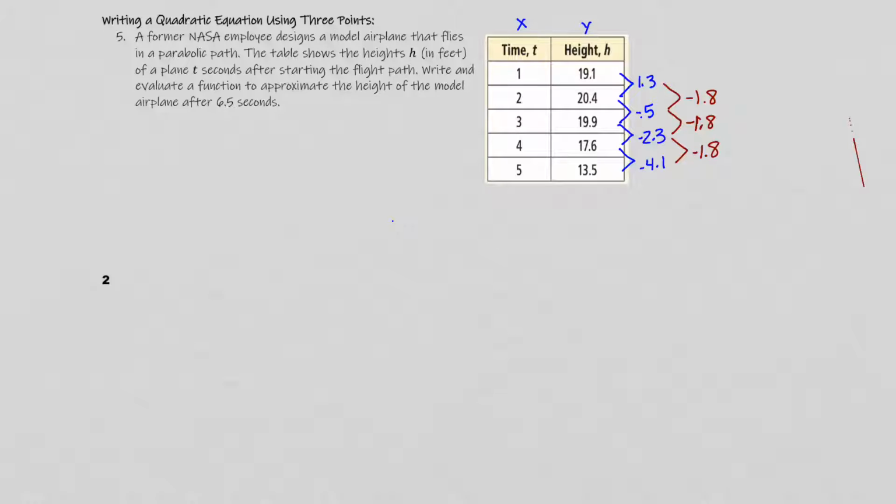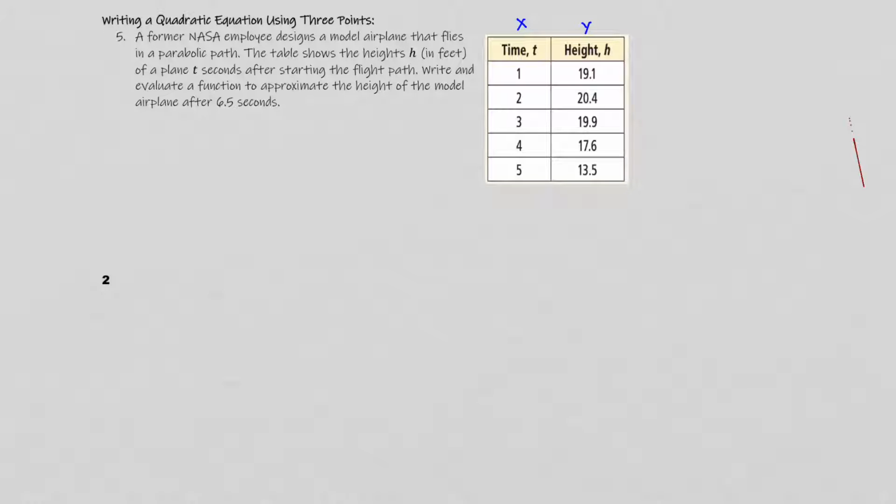So because our second differences are the same, I know this is quadratic. That is not necessary for this problem, but like I said, it's going to be necessary for some of the practice problems that you have. So with this problem, now I'm going to erase that, okay? That's going to help you with some of those other problems, so you need to understand taking differences.